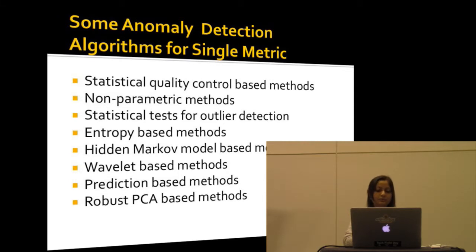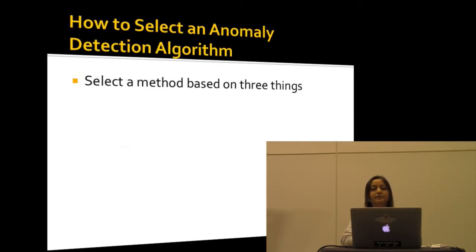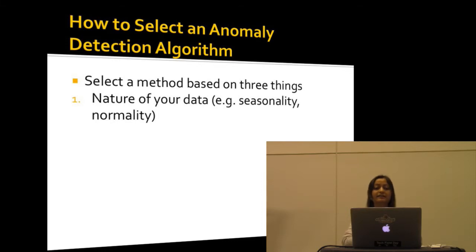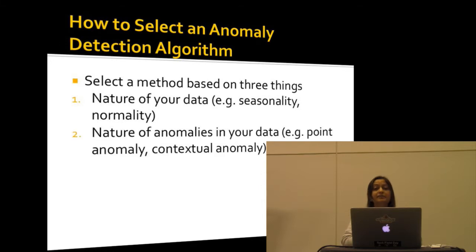So how do you find out which method is going to work best for your data? There are 3 things to keep in mind. First thing is you have to understand the nature of your data. Does your data exhibit seasonality? Is it normally distributed? These are things which you have to understand about your data. Secondly, you have to understand the nature of anomaly in your data. What does anomaly look like in your data? Is it a point anomaly? Is it a contextual anomaly?